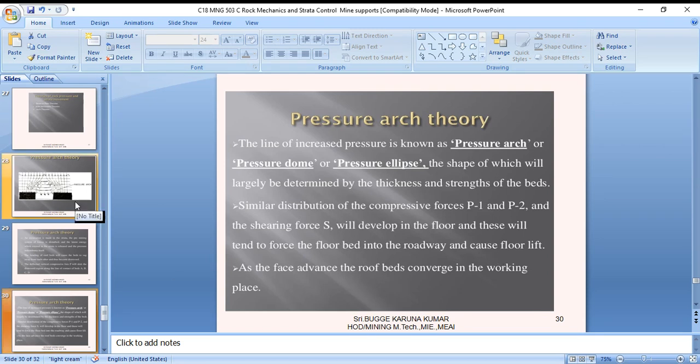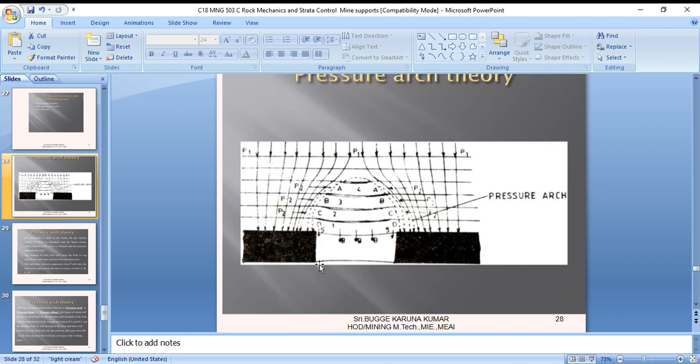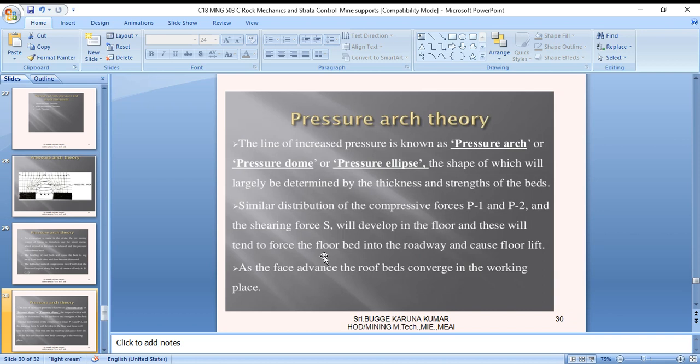Sometimes due to heavy loading, the pillars can be bulging and the floor can be heaved. The floor lift occurs as the face advances or roof beds converge in the working places.